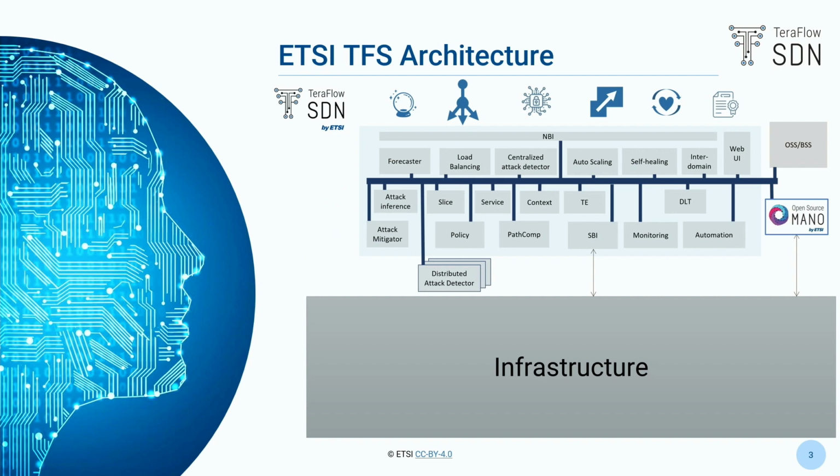So this is the architectural slide that you saw earlier. The set of microservices that we have already implemented in this TeraFlow ecosystem is on the top part of the figure. And the bottom part of the figure is actually the infrastructure we attempt to manage.